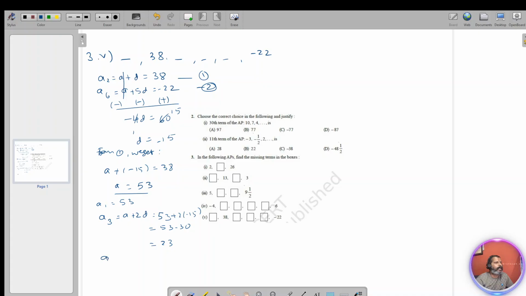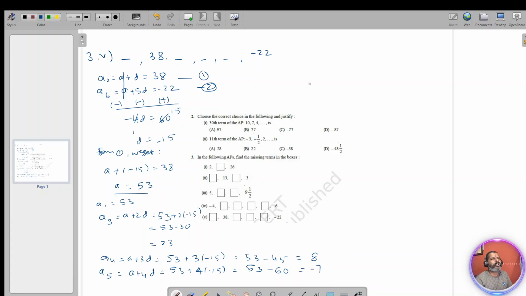A3 is done. Then A4 is A plus 3D. A is 53 plus 3 of minus 15. That is 53 minus 45, which becomes 8, right? A4 is 8. Then the last one, A5, that is A plus 4D. A is 53 plus 4 of minus 15. 4 fifteens are 60. 53 minus 60 becomes minus 7.